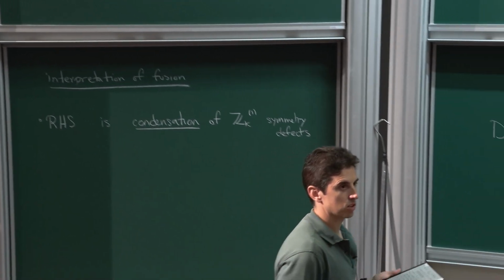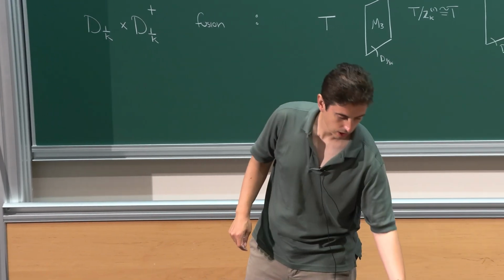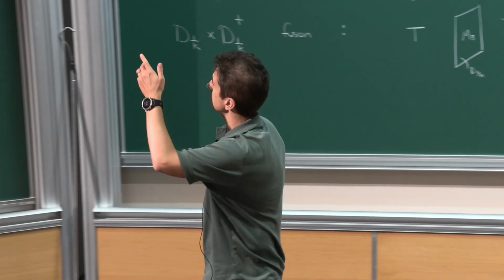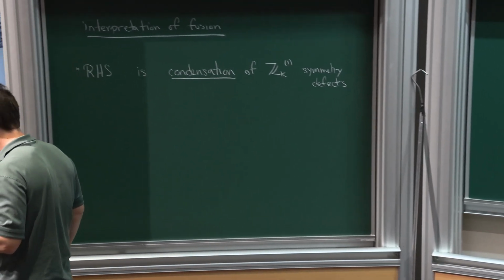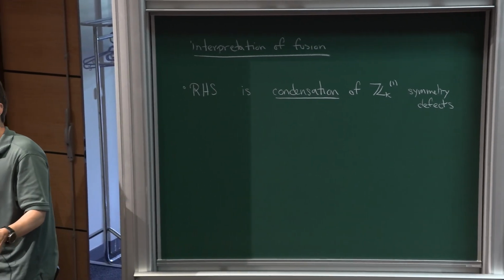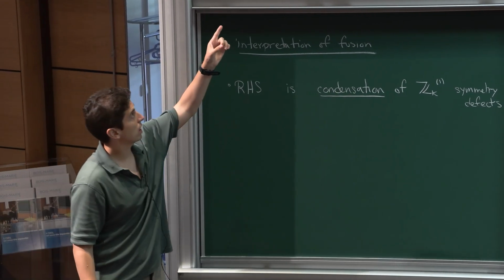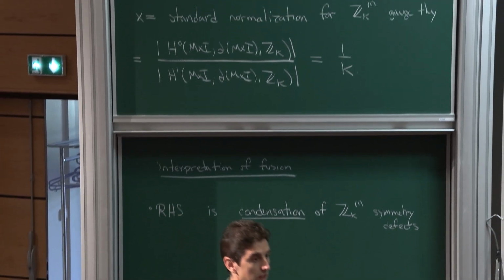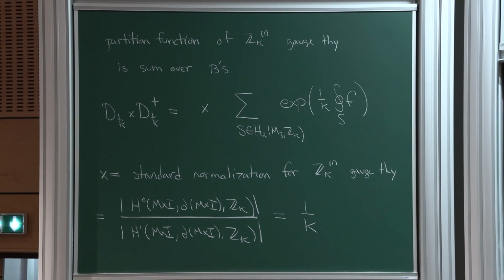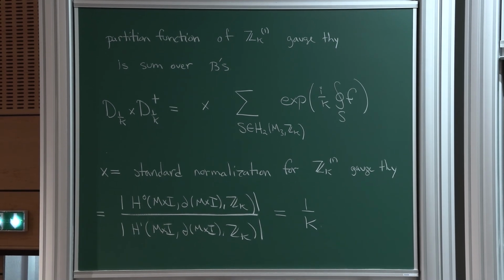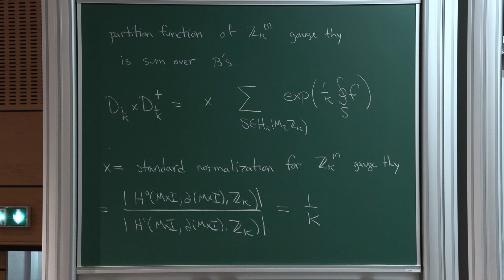Unpacking that technical term would take us a while, but what you can think about is that we started our life talking about gauging the Z_k one-form symmetry in all of space-time, in half of space-time. What's appearing there is something different. We're gauging the one-form symmetry only on M3. We're summing over some kind of symmetry defect, some insertions of the one-form symmetry, but only on M3.